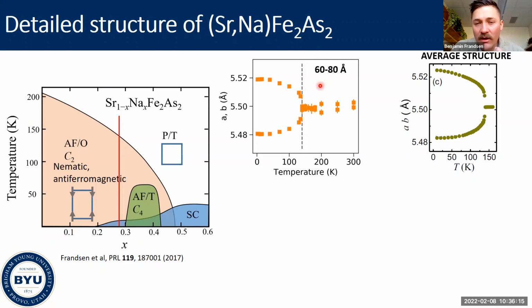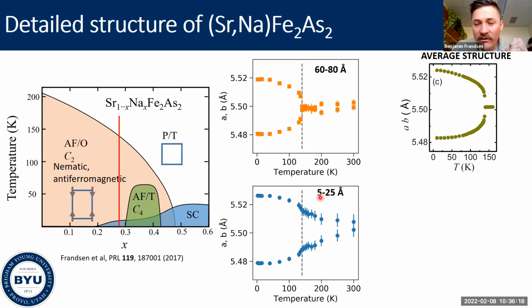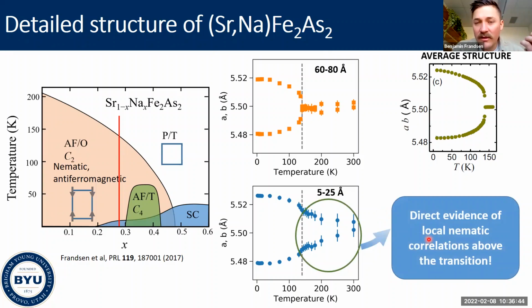But now let's do a fit over a shorter length scale, 5 to 25 angstroms. Now we see something quite different because at this transition temperature, 140 Kelvin, the lattice parameters are still different. We still have that rectangular symmetry breaking, okay, that orthorhombic structure where the lattice parameters are distinct from each other. So what we're seeing is on the length scale of 5 to 25 angstroms, we still have these short range orthorhombic or nematic correlations above the transition, okay?